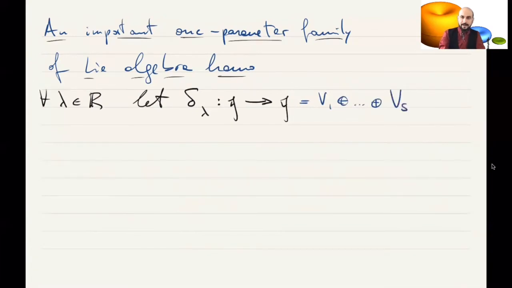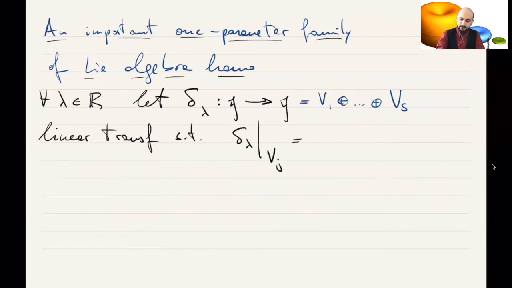It is the linear transformation such that, when restricted to the space Vj, it is the multiplication by λ to the power j on this subspace.